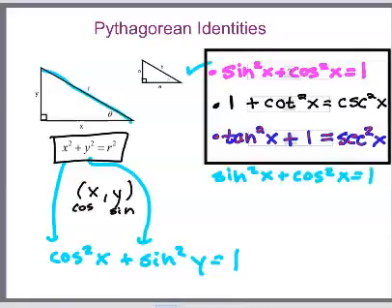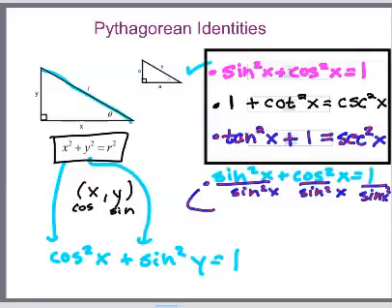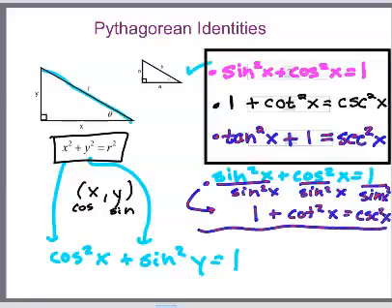Now, let's say I divide everything here by sine squared. Okay? Well, what happens when I divide everything by sine squared is I get sine over sine is 1, cos over sin is cotangent, and 1 over sine is cosecant. Okay, so that is our second identity.